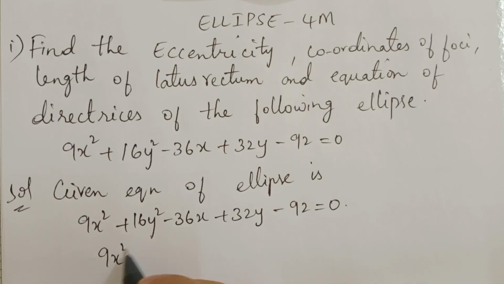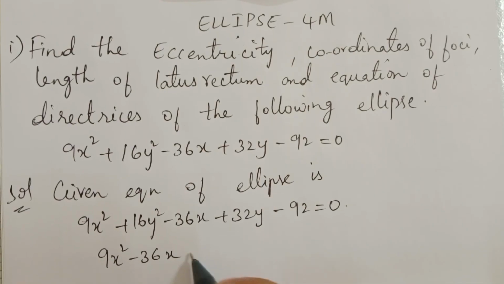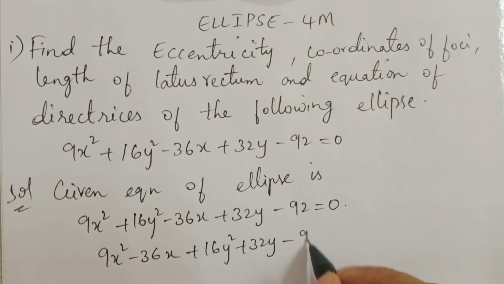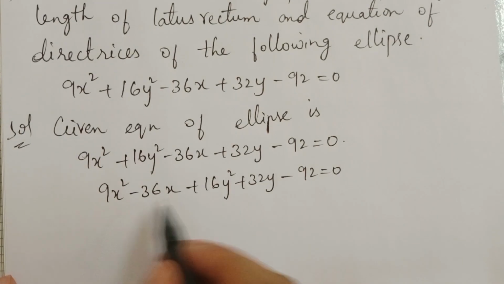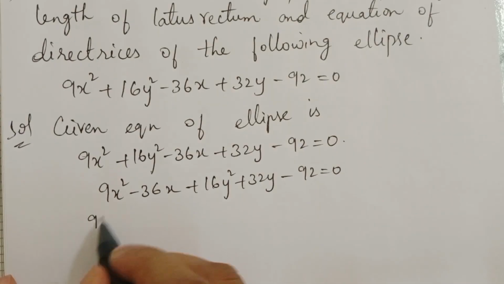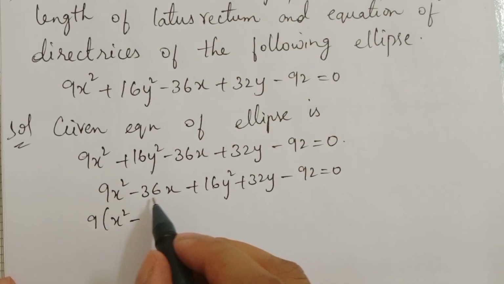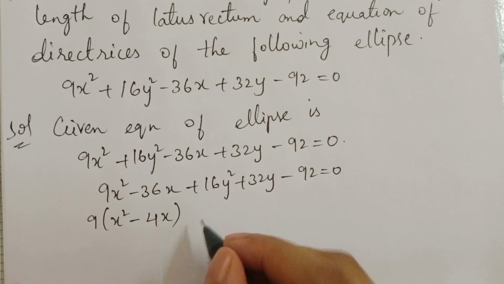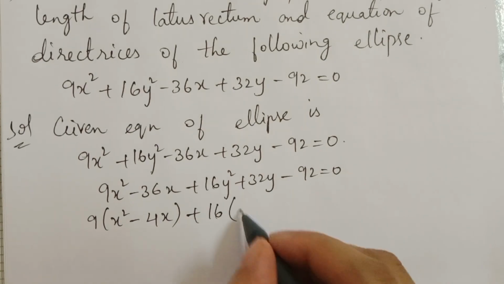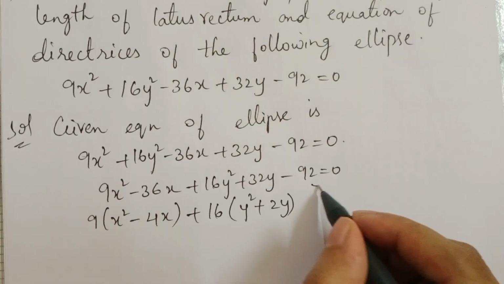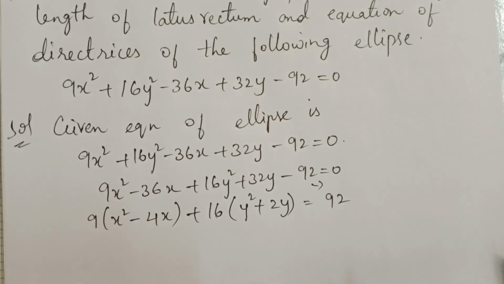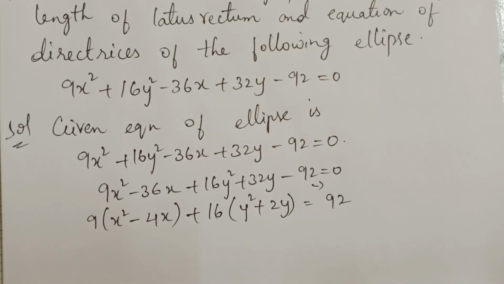So it is 9x square minus 36x plus 16y square plus 32y minus 92 equals 0. Now I will take 9 common, so it is x square minus 4x, since 9 fours are 36, plus, here 16 we can take common, so it is y square plus 2y, and this 92 can be shifted there, so it is plus 92.